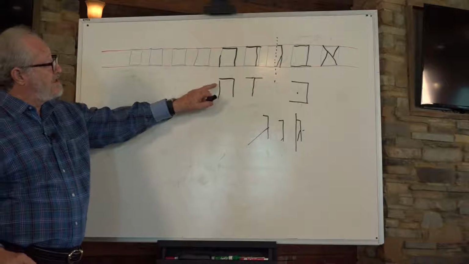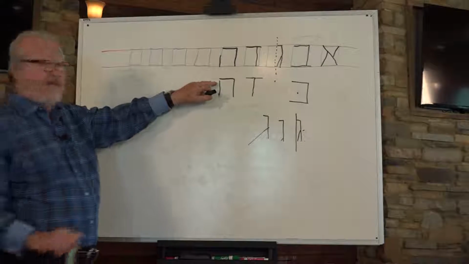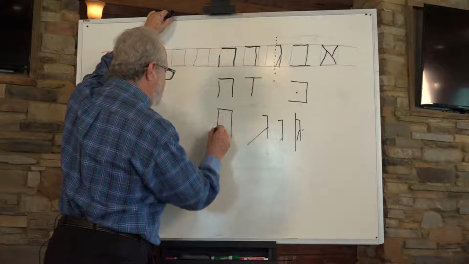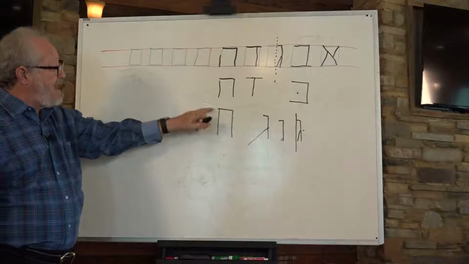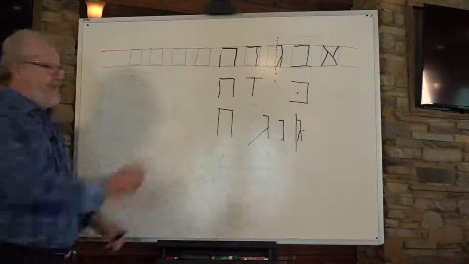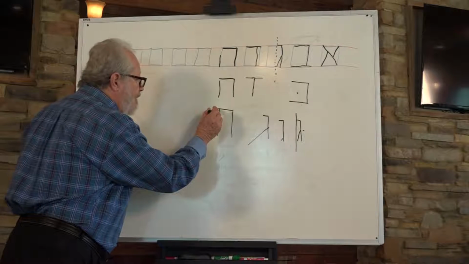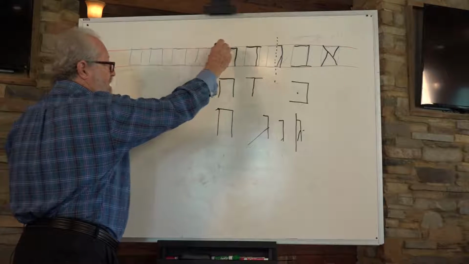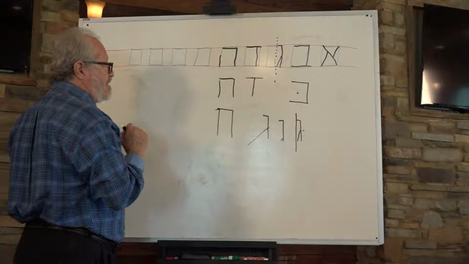Otherwise, it can be construed and mistaken for the letter chet, which is like this. The chet does touch at the ceiling and does have a kots. The hay does not. It has a resh and the line there.